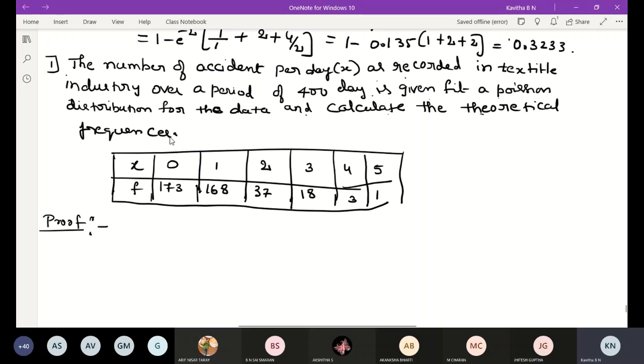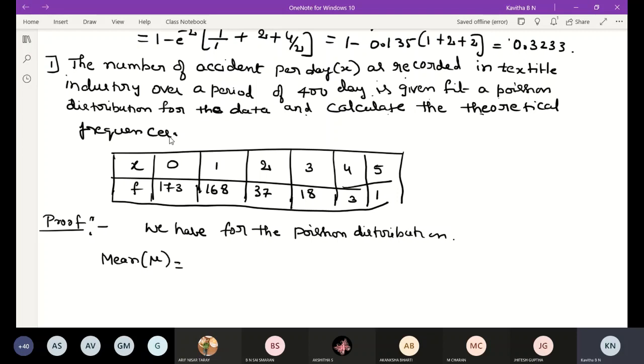Write the solution. First we have for the Poisson distribution, the mean.